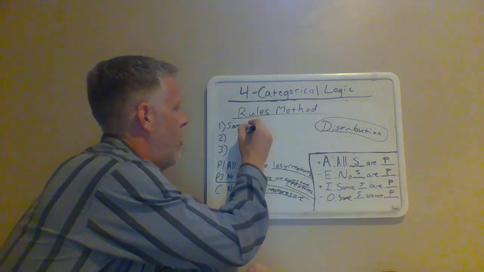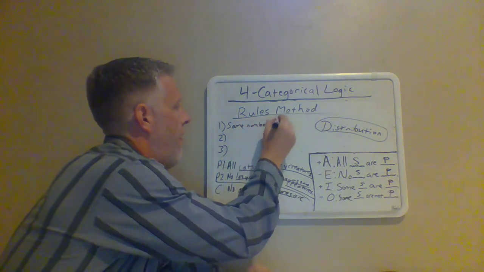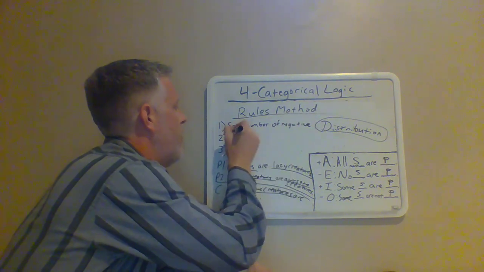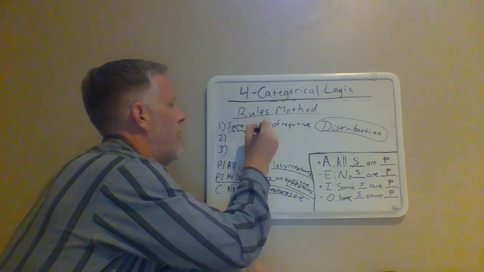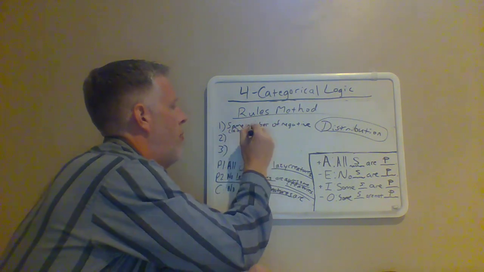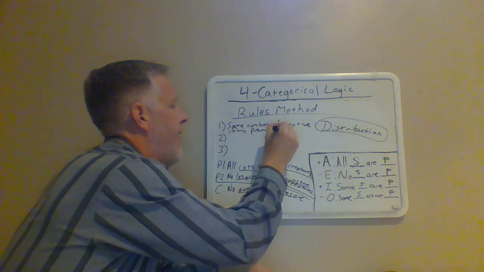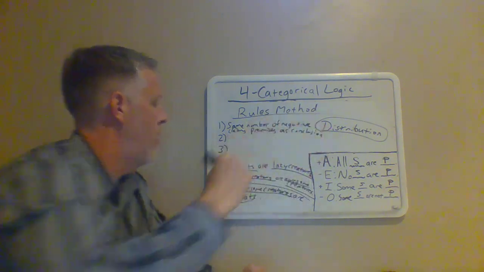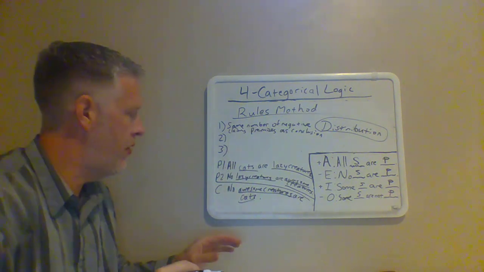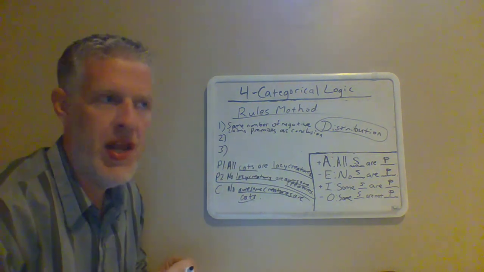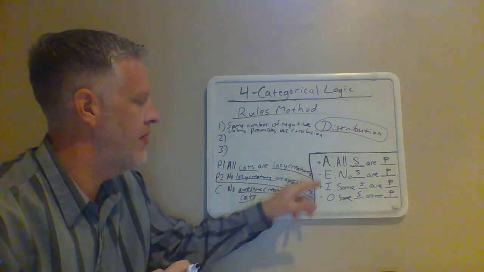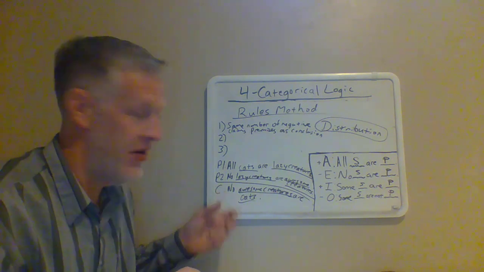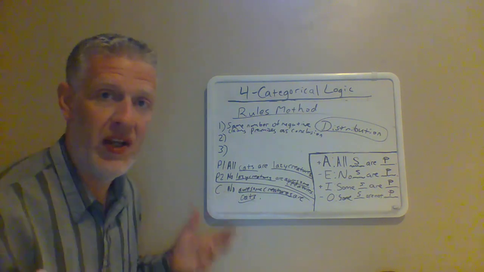You need the same number of negative claims in premises as in the conclusion. So right off the bat, you know that if you have two negative claims as premises, it's got to be invalid, because you can't have more than one negative claim as a conclusion, because you only have one claim as a conclusion.